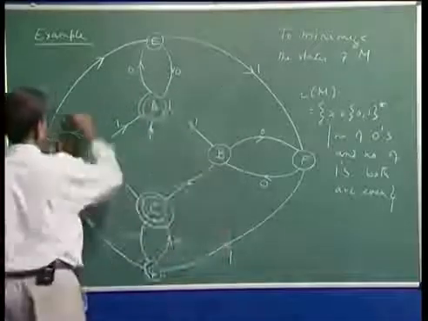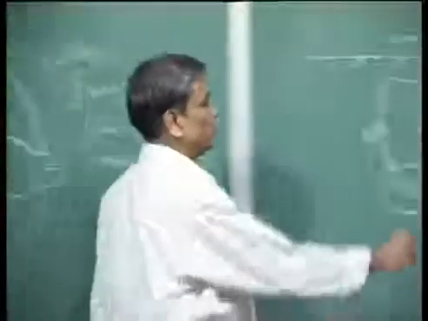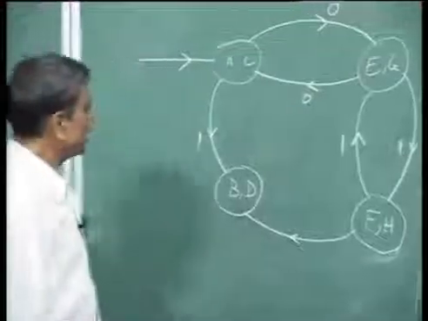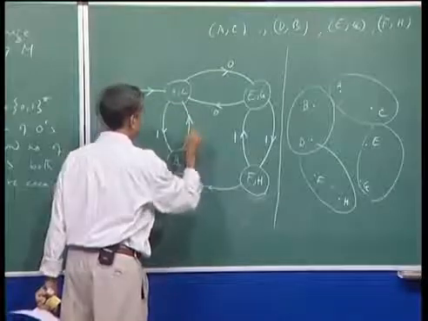H on 1, right, you go to E. So, of course, you will come here. And if you complete it, it will look like this.